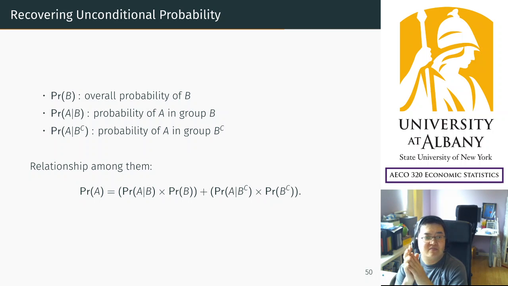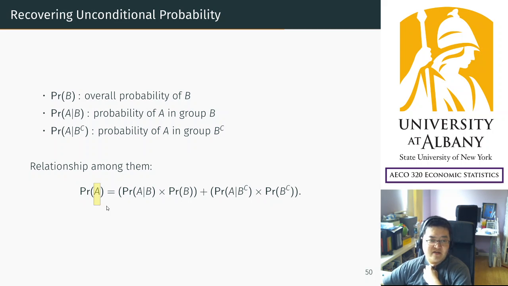The main purpose of this rule is to recover unconditional probability from available conditional probabilities. And we have the probability of B and conditional probabilities of A given B or B complement. And then we can calculate the probability of A in this way. That's what I just used. It's exactly symmetric to the previous example.